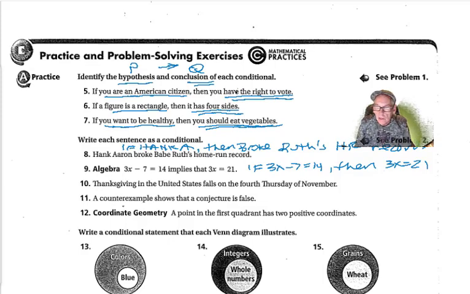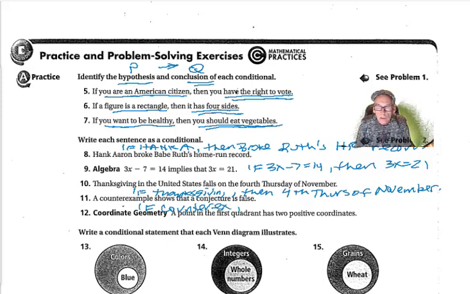Thanksgiving: if it is Thanksgiving, then the 4th Thursday of November. A counterexample: if a counterexample, then the conjecture is false.